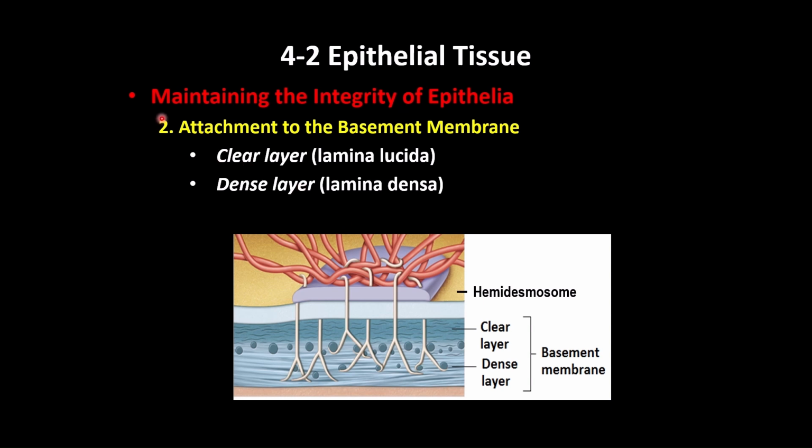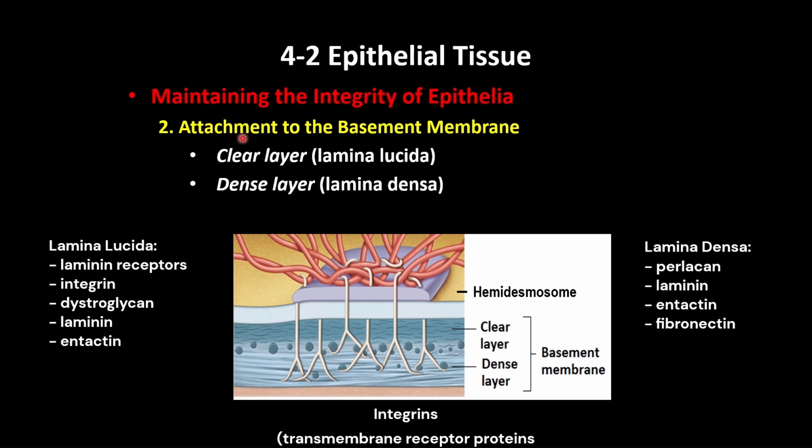So the second mechanism for keeping the cells together is called the basement membrane attachment. Here are the epithelial cells. If they are only one layer, they can attach directly to the basement membrane. If there are multiple layers of epithelial tissue, then the deepest layer will attach to the basement membrane. The basement membrane is made of two different layers.